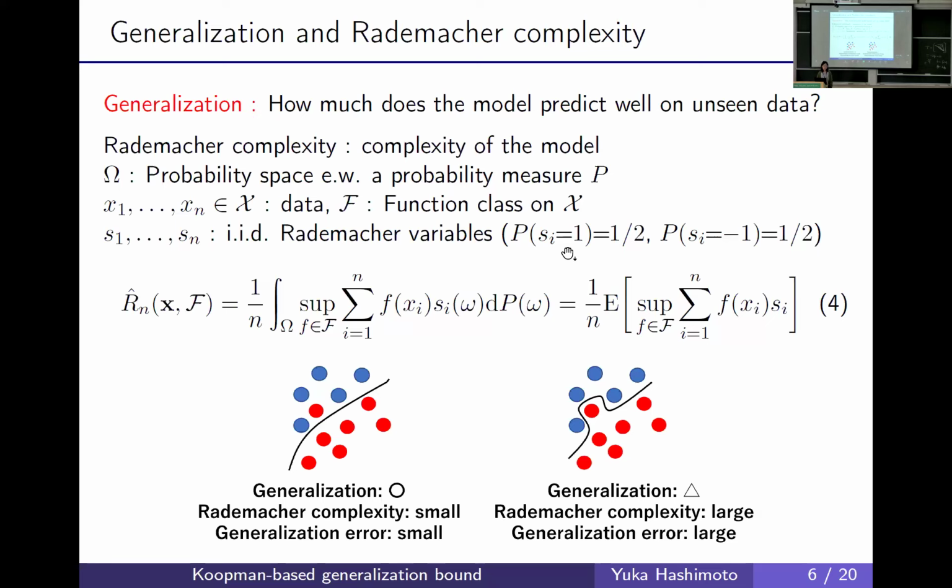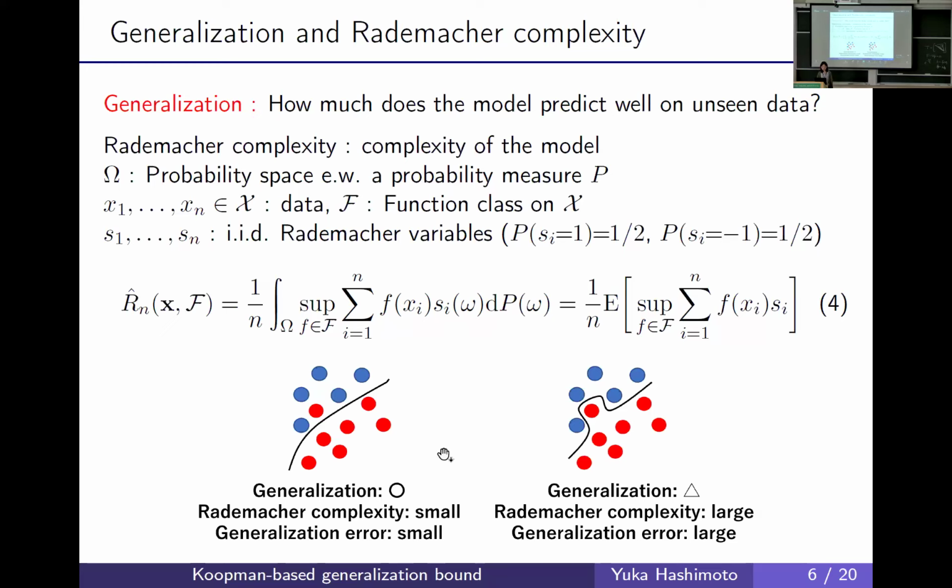So the value of the Rademacher variable changes between 1 and minus 1 arbitrarily. If F is sufficiently complicated, then the value of f can also change between minus 1 and plus 1. So if we consider this product, it can become positive. And if F is sufficiently complex, this Rademacher complexity becomes large.